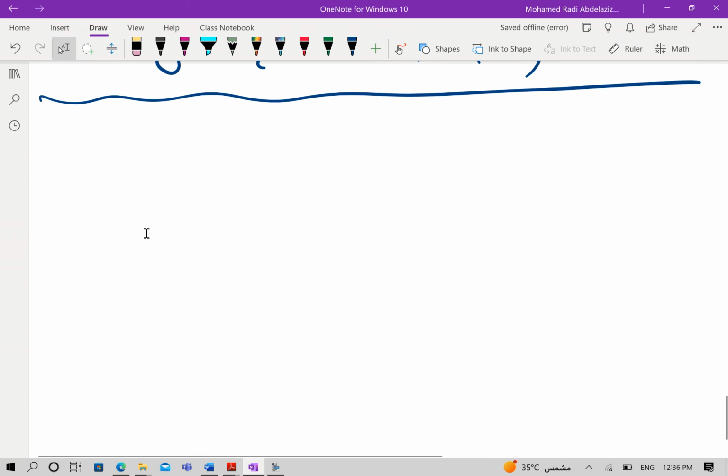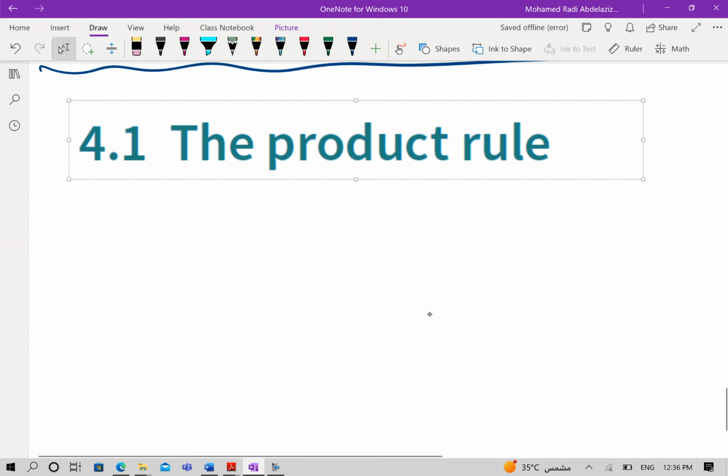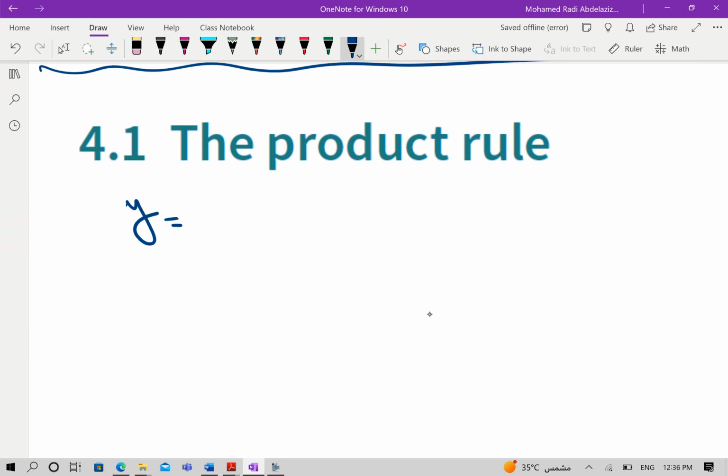Now we'll start the product rule. What is the product rule? Product means multiplication of two functions or more. If we have y equal to u times v, a product of any two functions, to get y dash without expanding and simplifying, find the derivative of the first function multiplied by the second, plus the derivative of the second multiplied by the first.